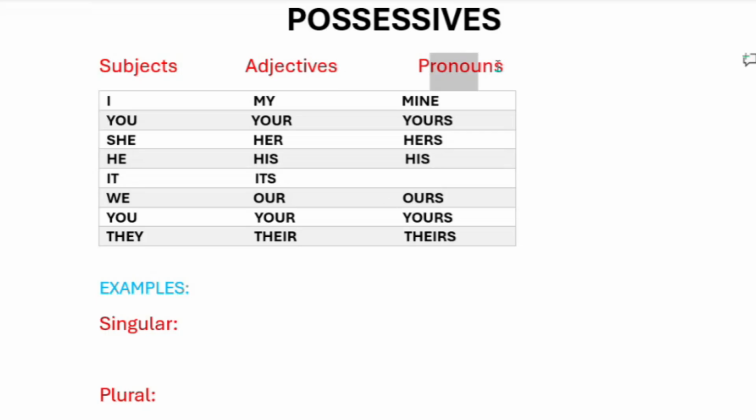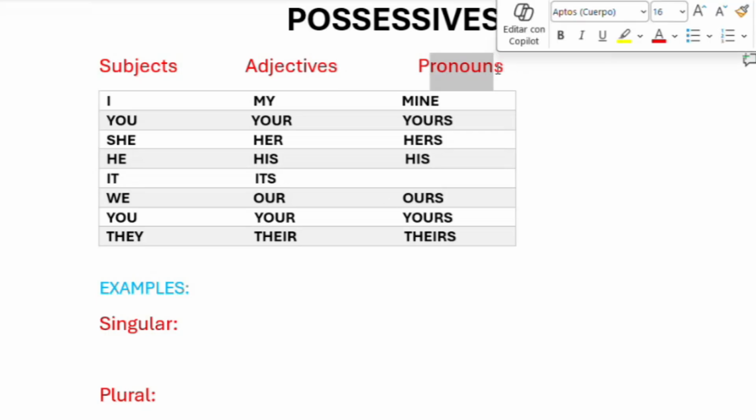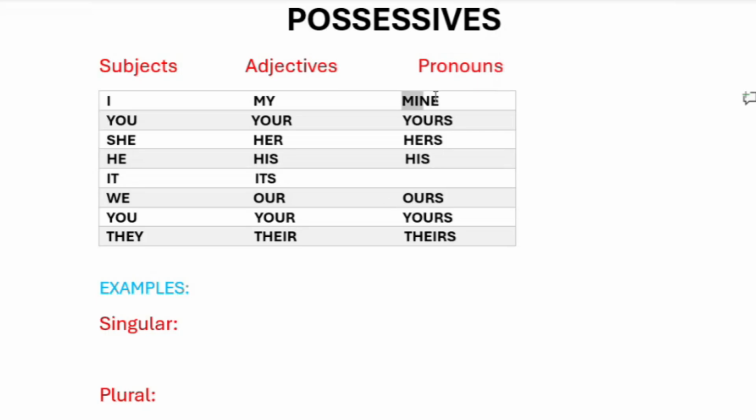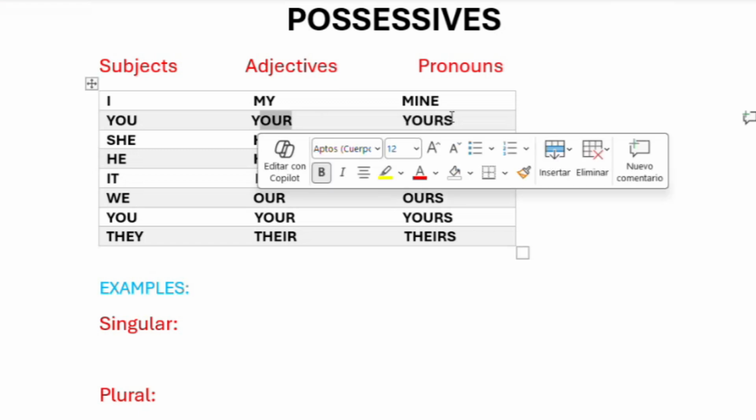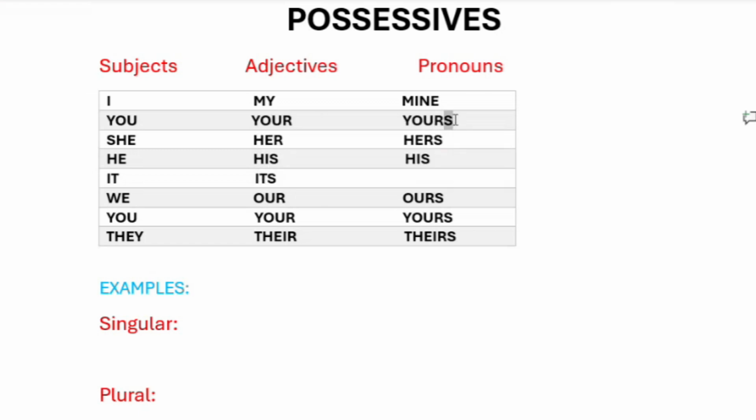And here we have the possessive pronouns. In this case we have the first one, that is mine. Something belongs to me. Just replace the noun when it's clear what you are talking about. In this case yours, but look at the difference, guys, because in this case it's your and in this case yours with the s.